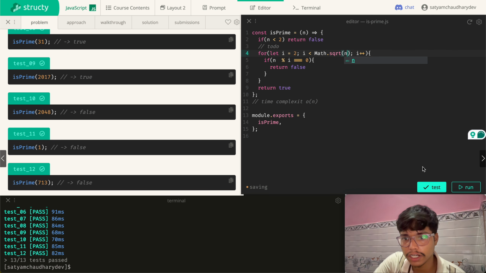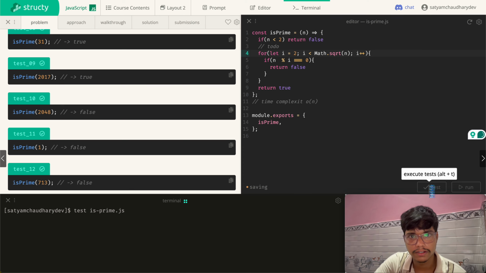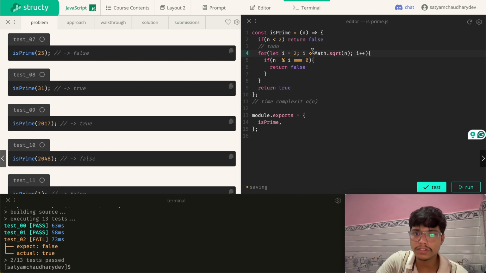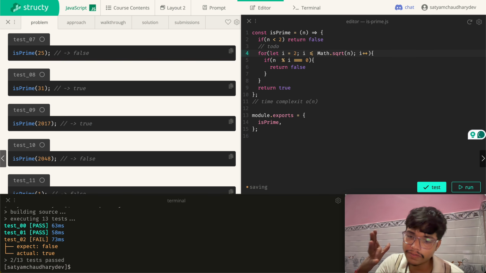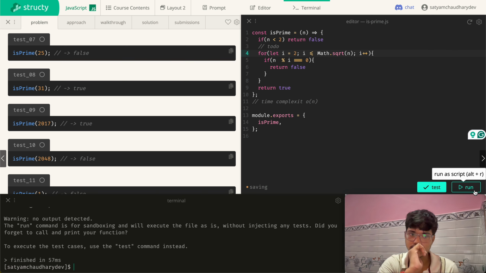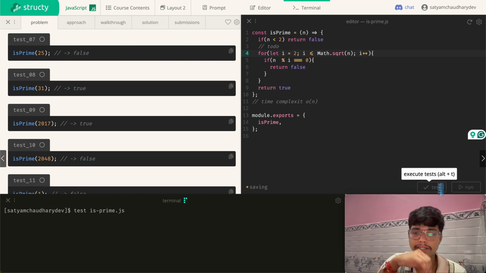So let's say, okay, it fails. Yeah, because we need to check till the square root. It just checks less than the square root, so we need to have equal. Just test it.